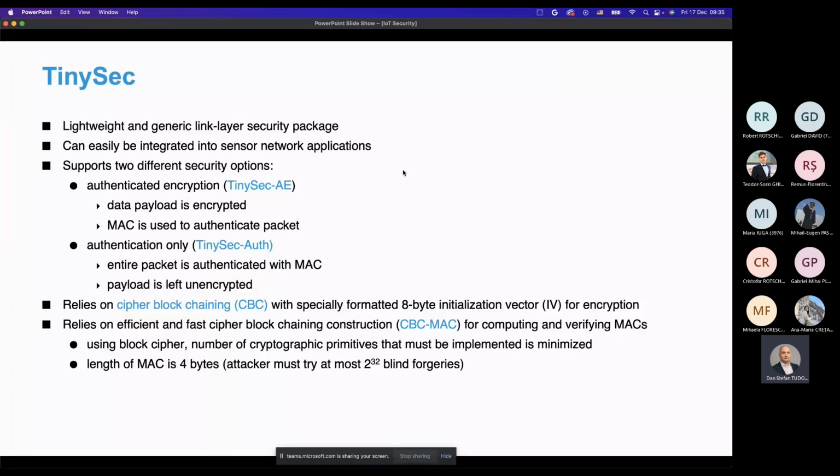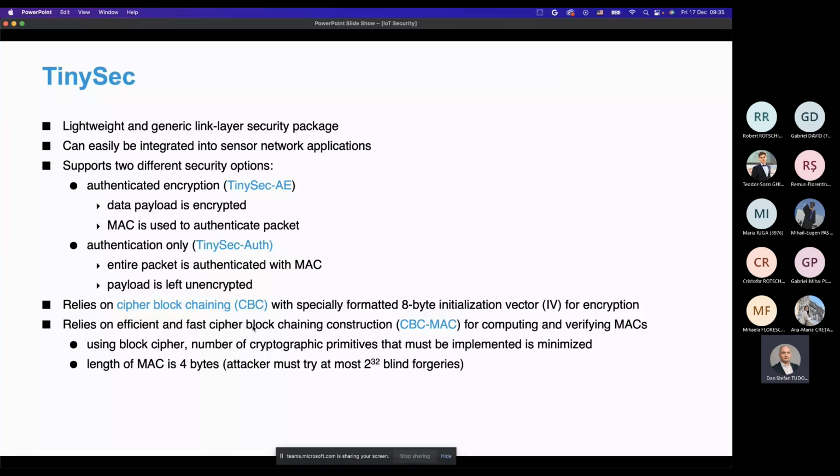It's written in C, and it supports 2 different security options. You have authenticated encryption, so TinySec AE, where the data payload is encrypted and the MAC is used to authenticate the packet, and authentication only, so TinySec Auth, where an entire packet is authenticated with a MAC, but the payload is left unencrypted.